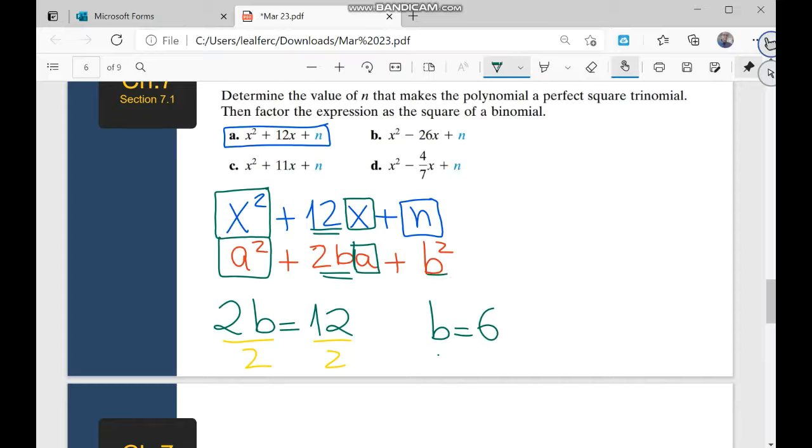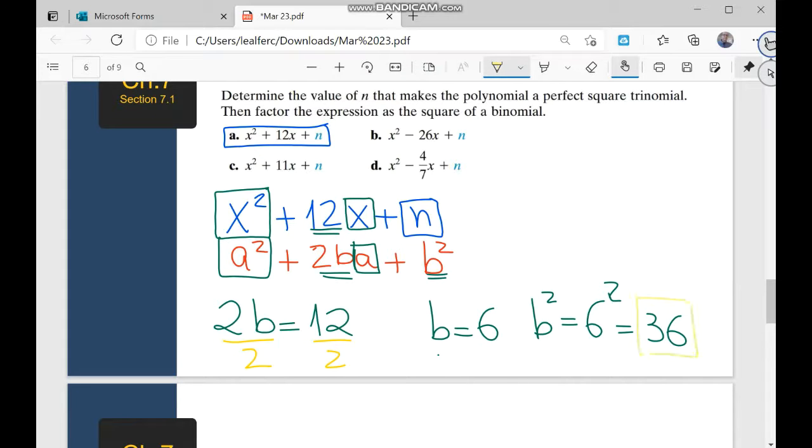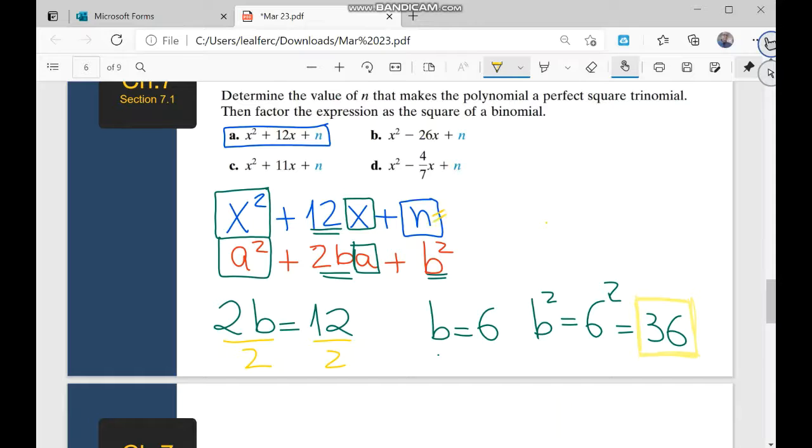And we need to find b squared. b squared equals 6 squared, which equals 36. And that's the answer. That is the square that's missing: 36. n equals 36.